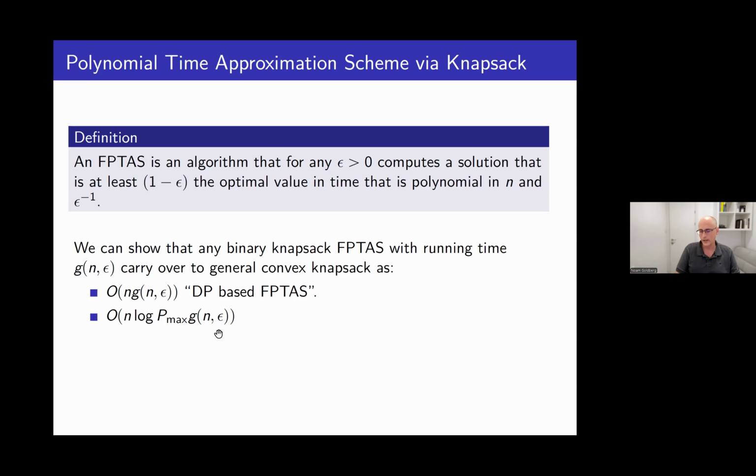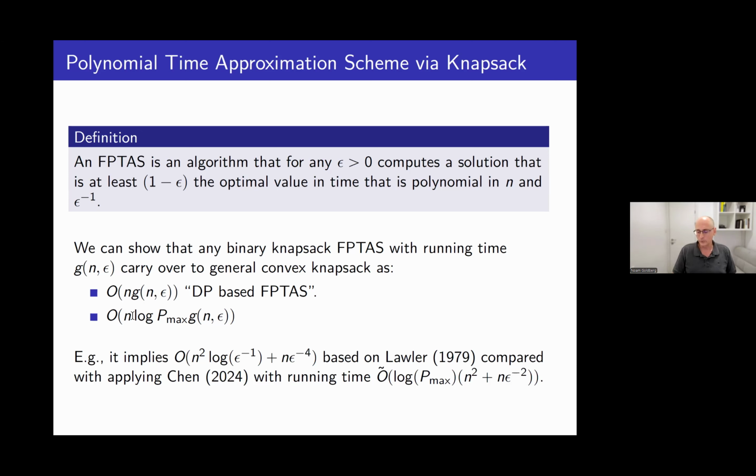We can have the knapsack FPTAS carry over with this complexity of n times log Pmax times the complexity of the knapsack FPTAS. So there are two different ways, and it's interesting because very recently there have been many developments related to approximation of knapsack, for those not aware.